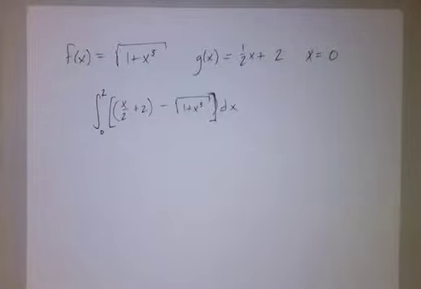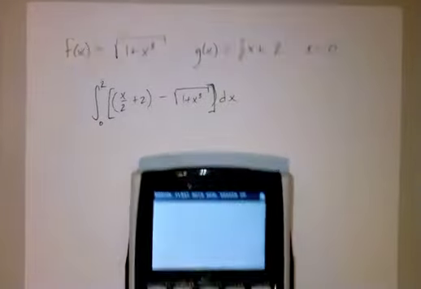I'm going to plug in the square root of 1 plus x cubed into y3, and I'm going to plug in 1/2 x plus 2 into y4. So we're going to have y4 minus y3 when we get to the main screen. Okay.